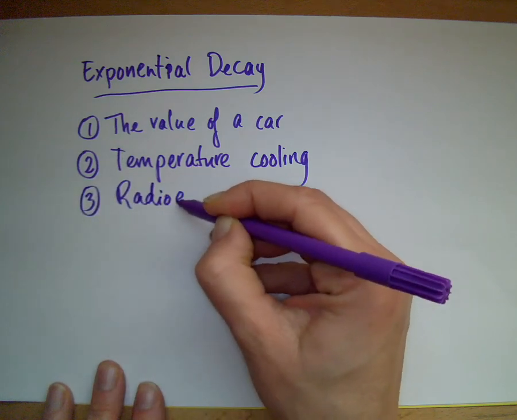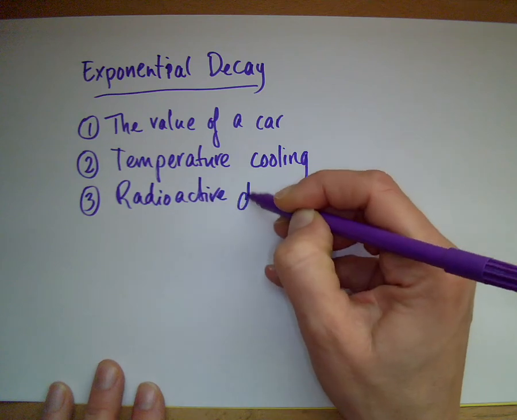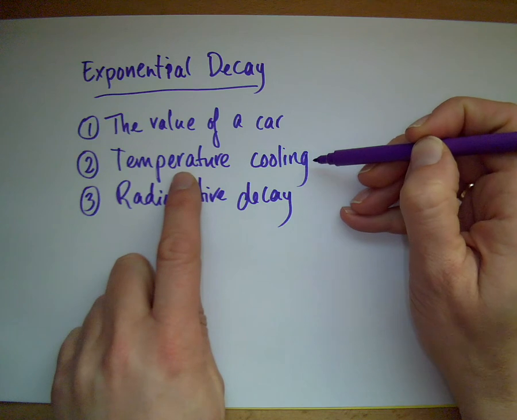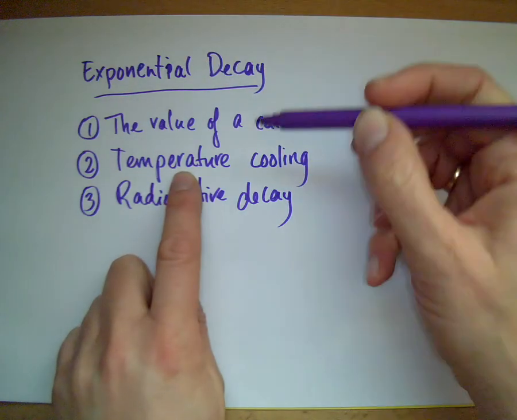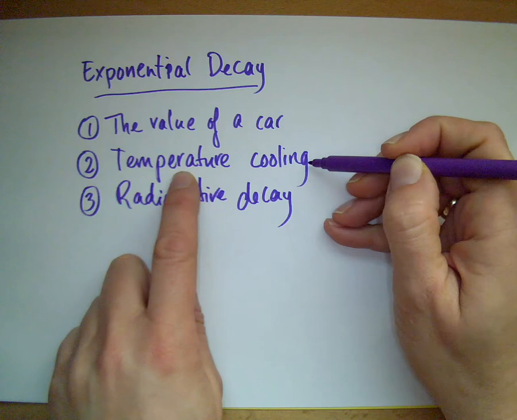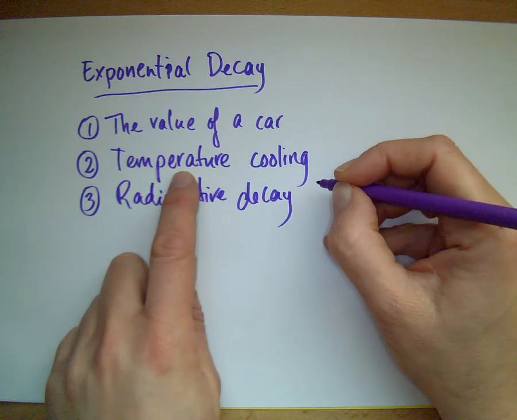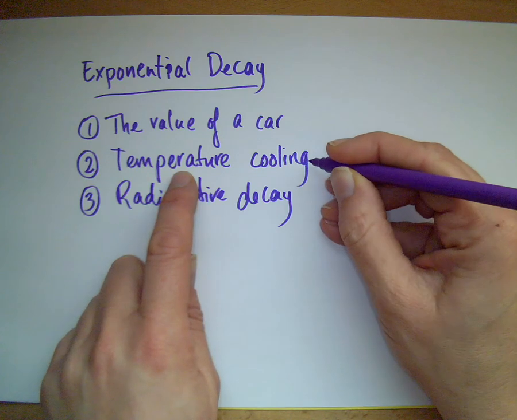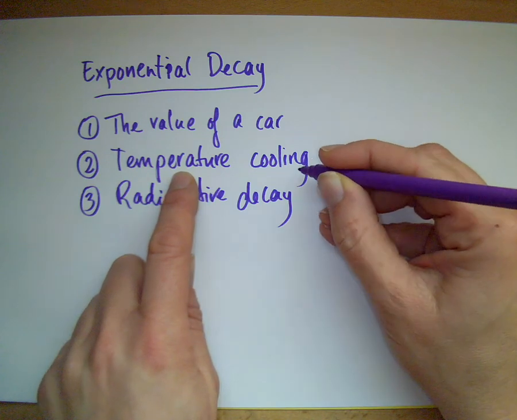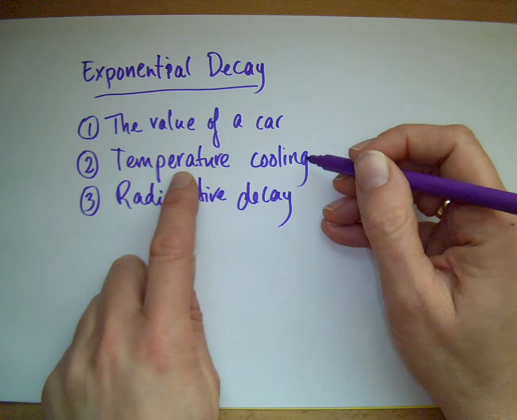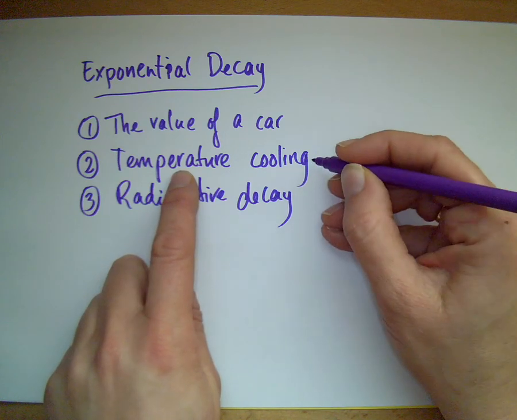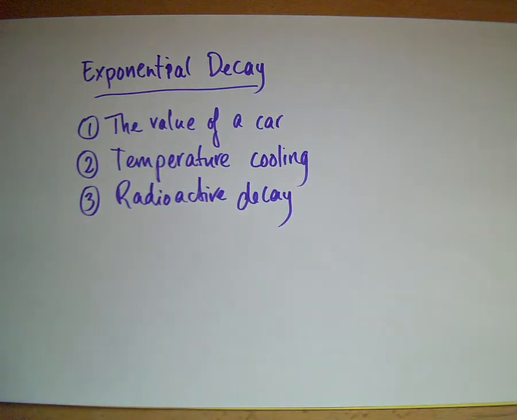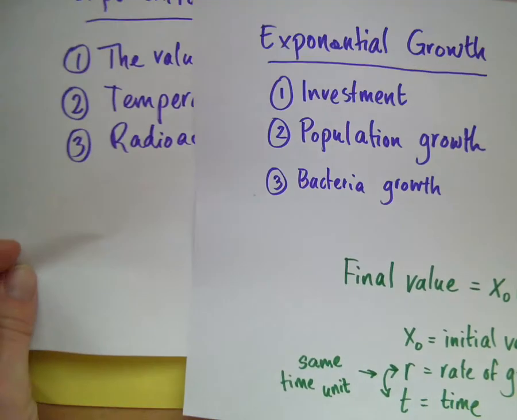So like temperature cooling, the fact that that's an exponential decay means that temperature cooling is not 2 degrees per hour, but the first hour it's 2 degrees, and the second hour it drops 3 degrees, and the fourth hour it drops 4 degrees. It just keeps cooling off faster. That's what is meant by exponential decay.